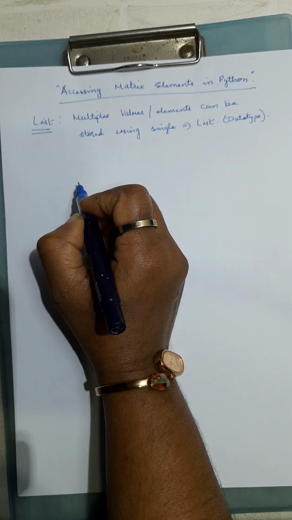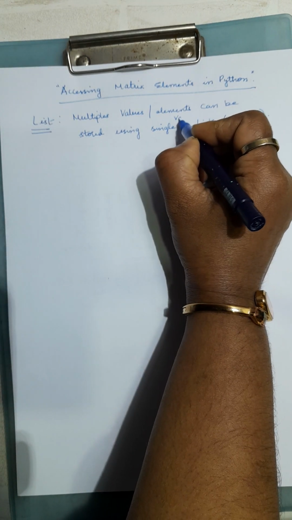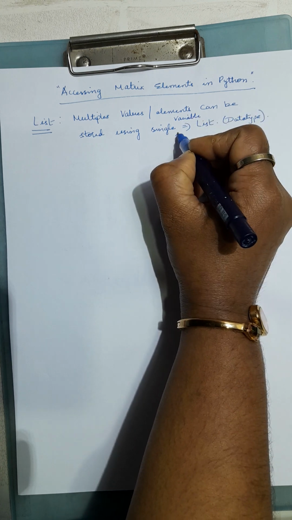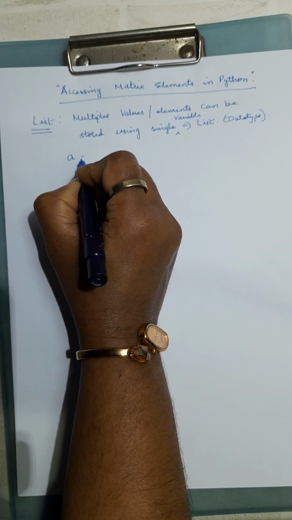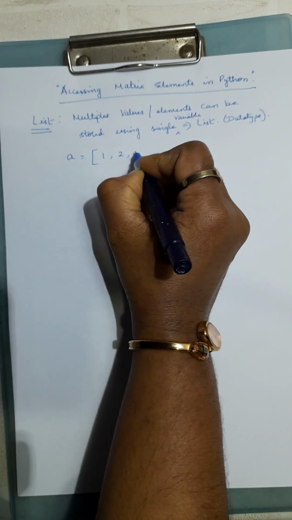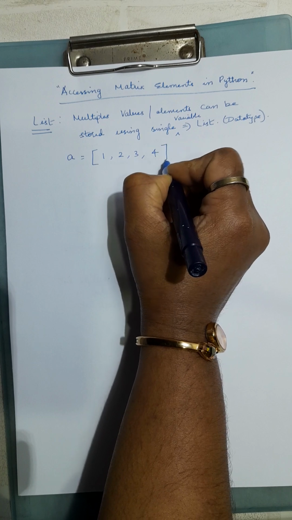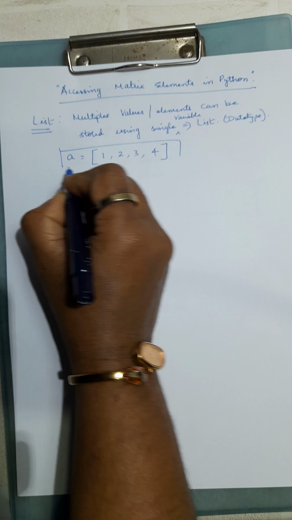It is a data structure where we store multiple values using a single variable. Okay, so how do we represent a list? Suppose A is a list, it is represented using square brackets. 1, 2, 3 and 4 are the list elements. So this is how we represent a list.